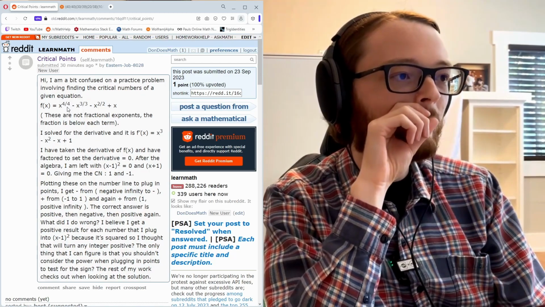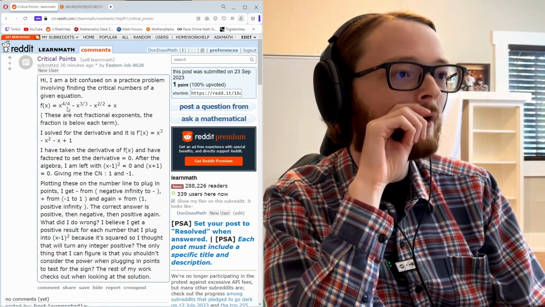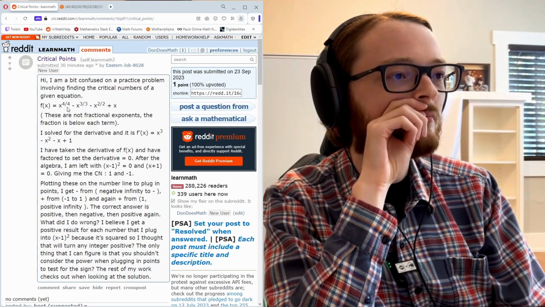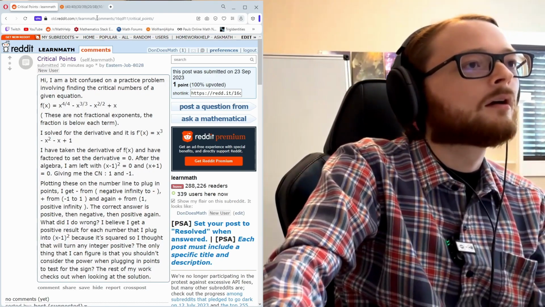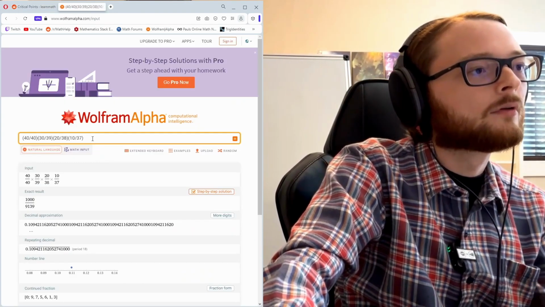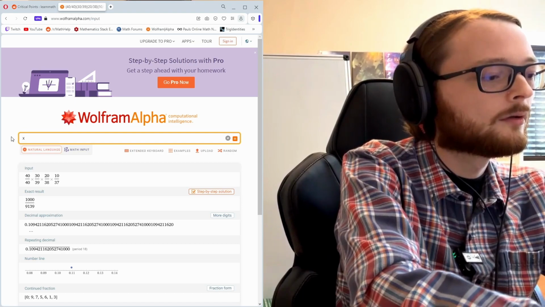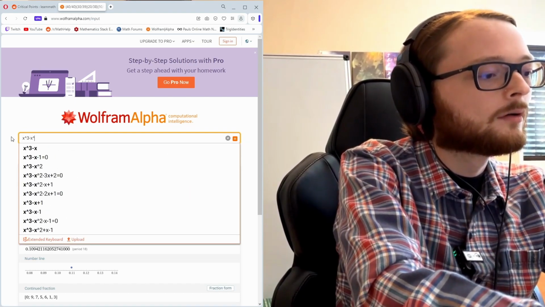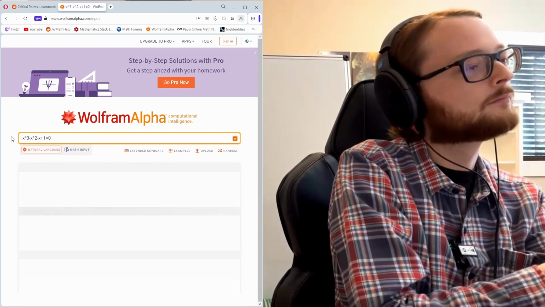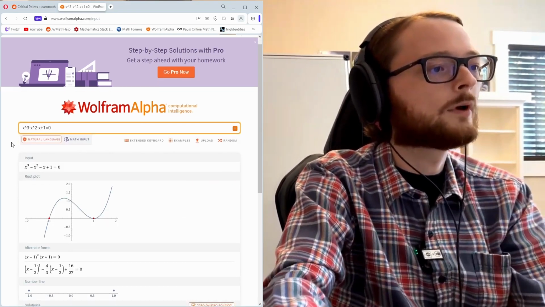X minus 1 squared equals 0 and x plus 1 equals 0, giving 1 and negative 1. Let's take this and plug it into Wolfram, just to see if they got the roots right. One and negative 1, good.